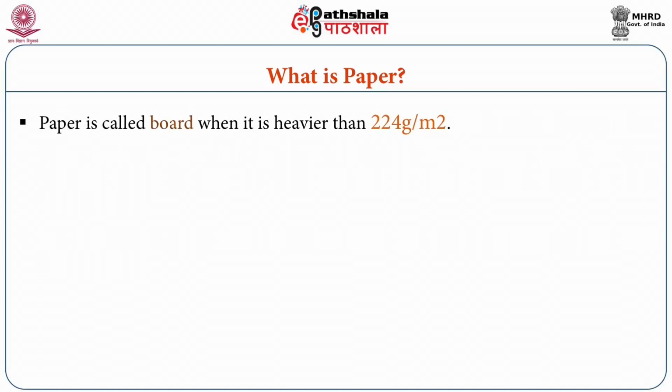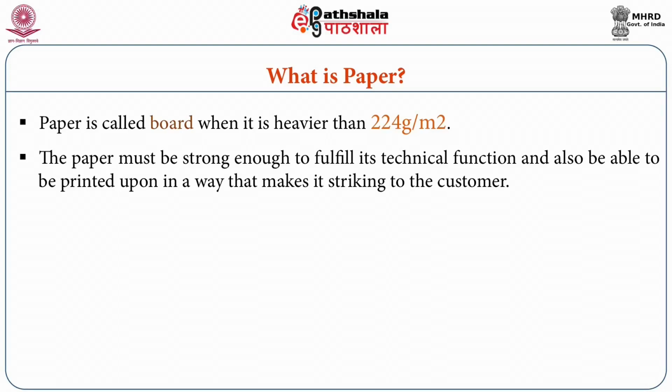The demands placed on the form of paper and board vary widely with the intended use, but some are common to all grades. That is, the paper must be strong enough to fulfill its technical function and also be able to be printed upon in a way that makes it striking to the customer.